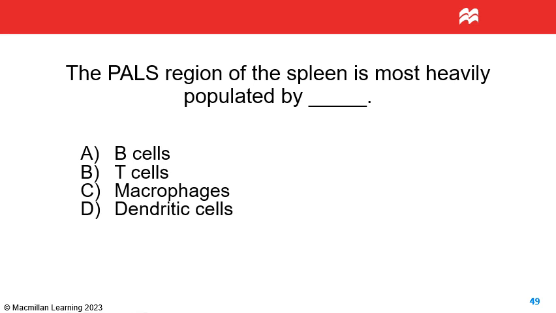Oh, another question. That's also an easy question. The PALS region of the spleen is populated by what type of cell? Some people are really awake. Answer very quickly.